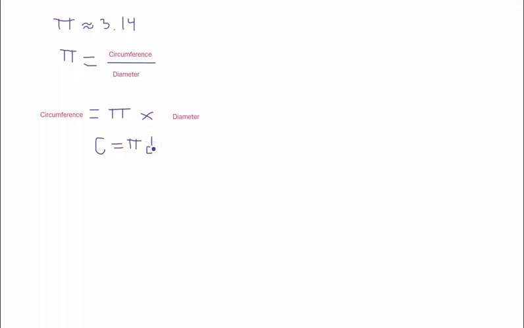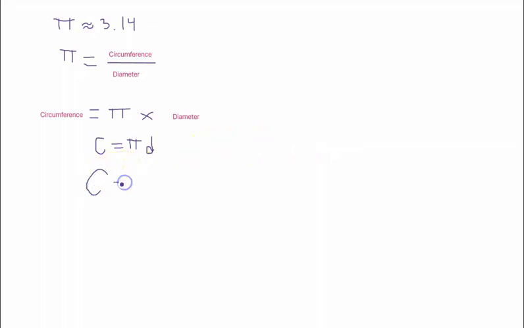d. Now we're not always going to know the diameter in a circle, and we figured out previously that the diameter is 2 times r, which is radius. So we can write this out.